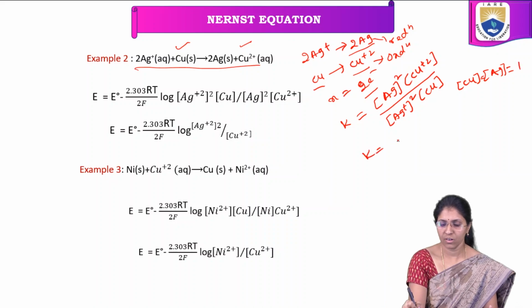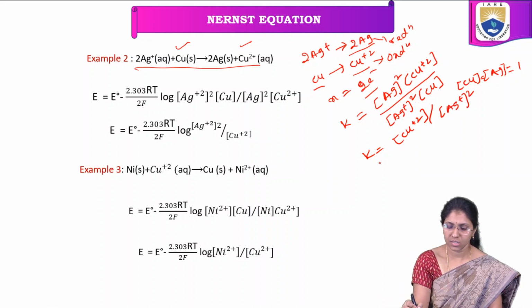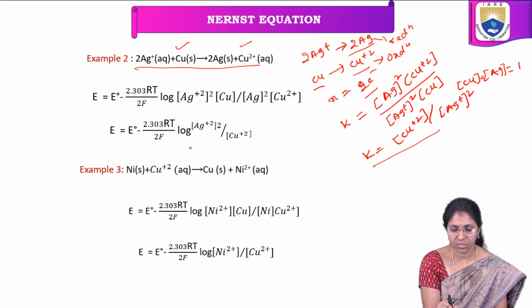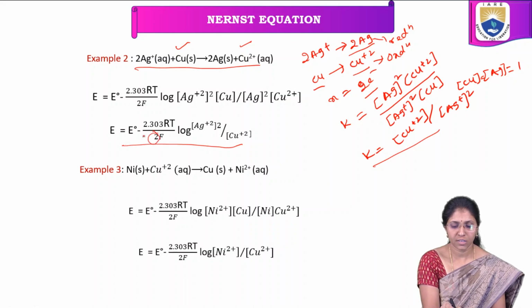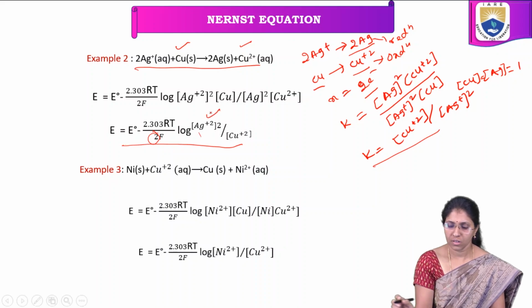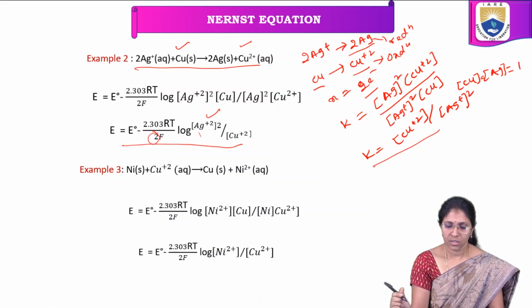So K equals concentration of copper plus 2 by concentration of Ag plus to the power of 2. By substituting this K value, we will get this equation. The number of electrons is 2, and K is concentration of copper plus 2 by concentration of Ag plus squared.